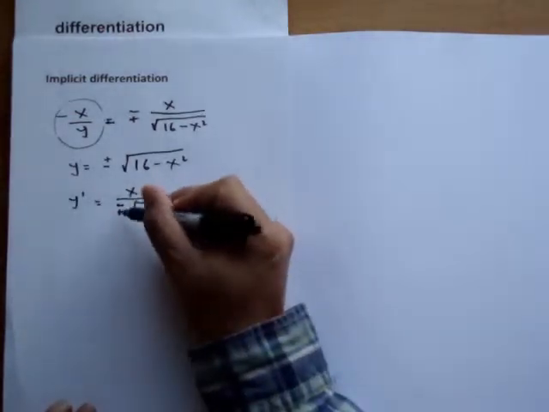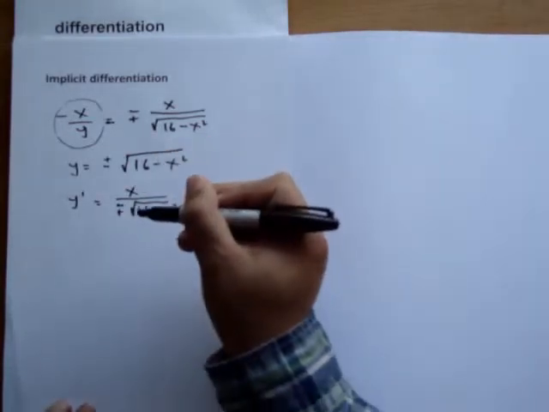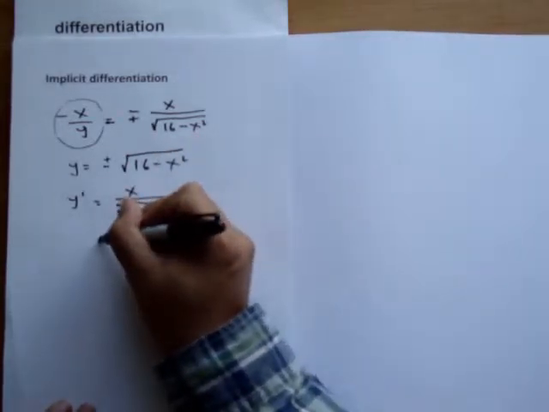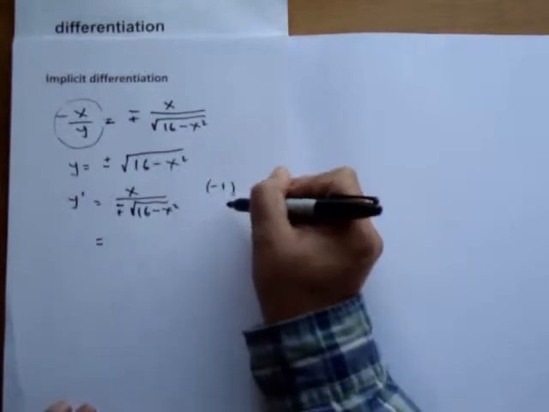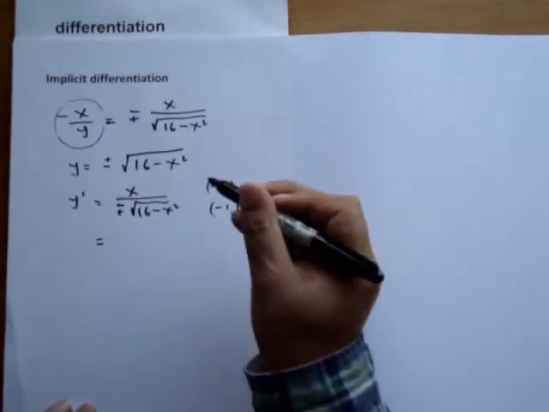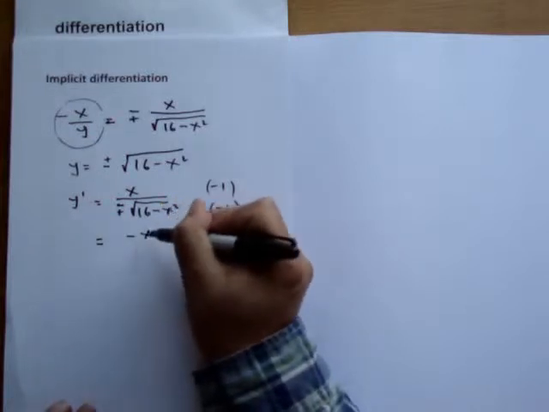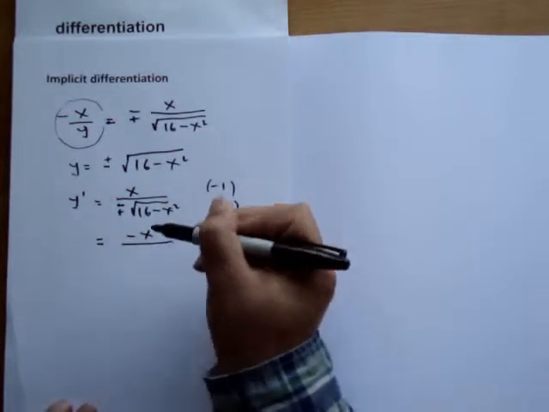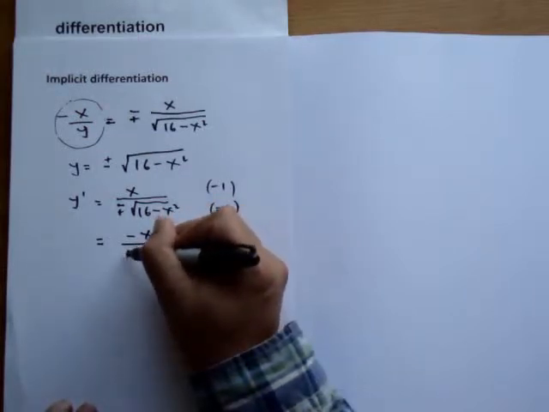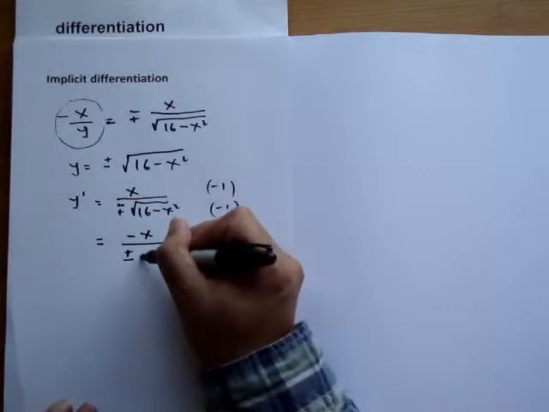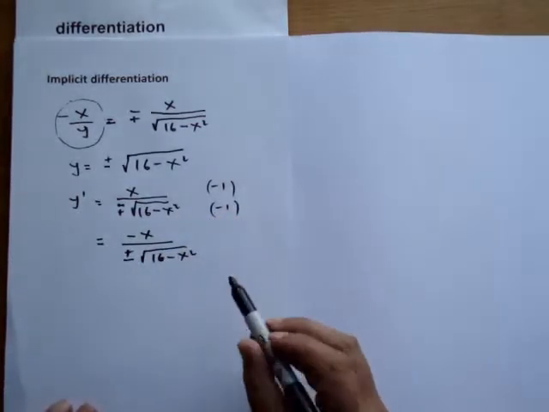To get rid of the minus sign, or to invert the minus sign, we multiply both sides by minus 1, and we get minus x over plus or minus the square root of 16 minus x squared.